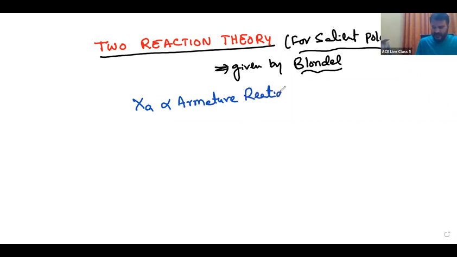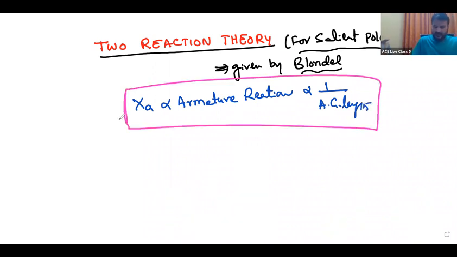XA is proportional to armature reaction, and armature reaction is inversely proportional to air gap length. If the air gap length varies, XA also will vary.